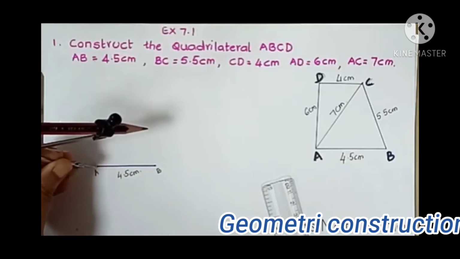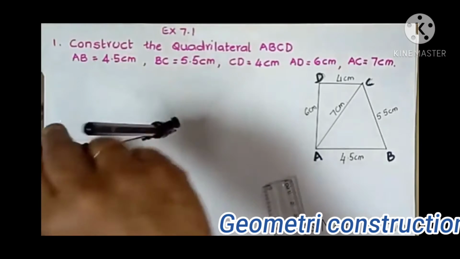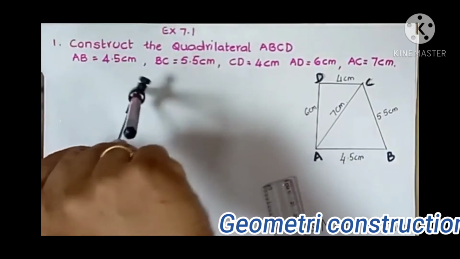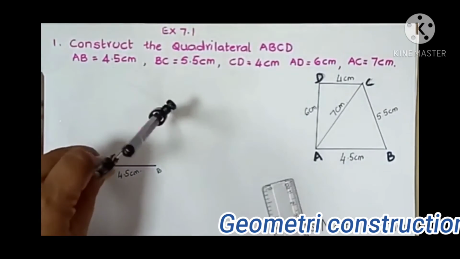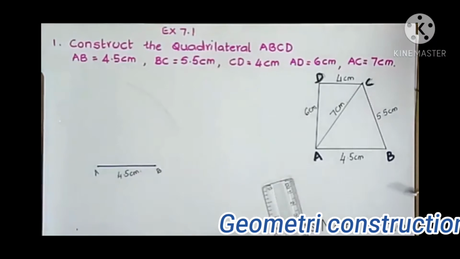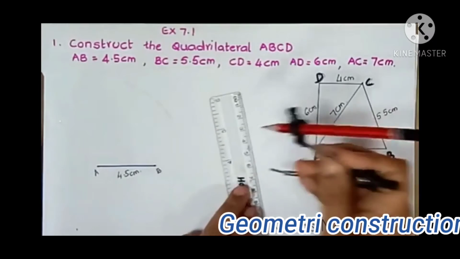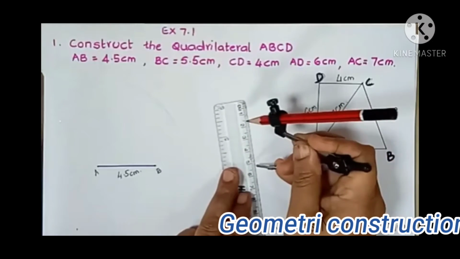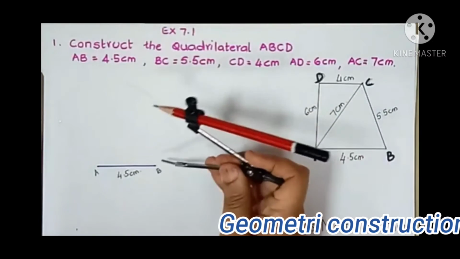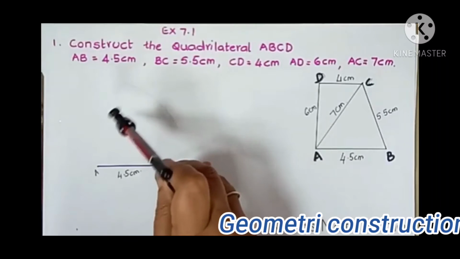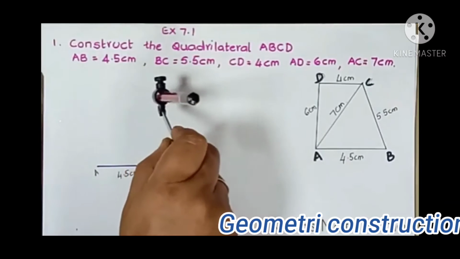First we shall take the 7 centimeter measurement from your compass and draw an arc from A as a center. Now take the measurement of BC, that is 5.5 centimeter, and with B as a center cut the previous arc.